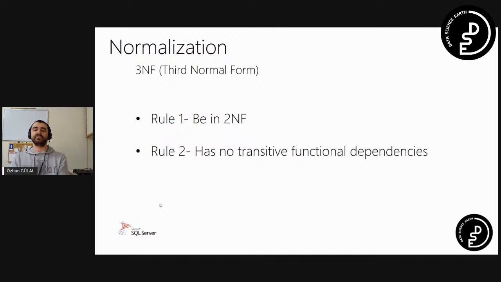The third normal form means you must have the second normal form; all the normal forms are connected to each other. It has no transitive functional dependencies. It means there must be a relationship between your tables, but your tables do not have to be dependent on each other.